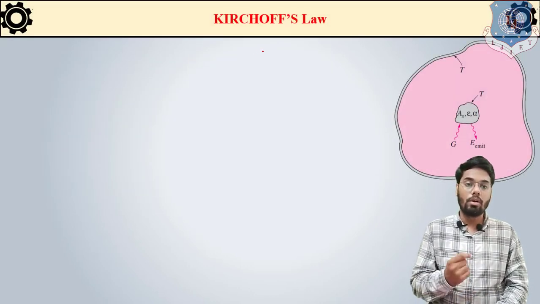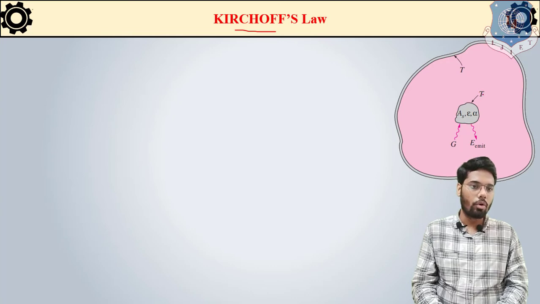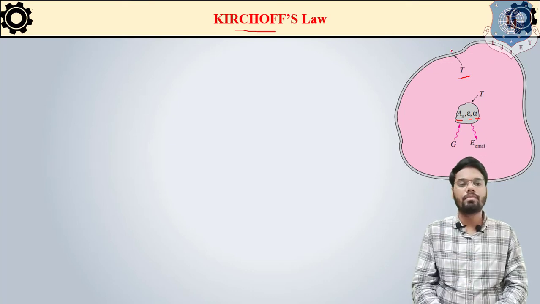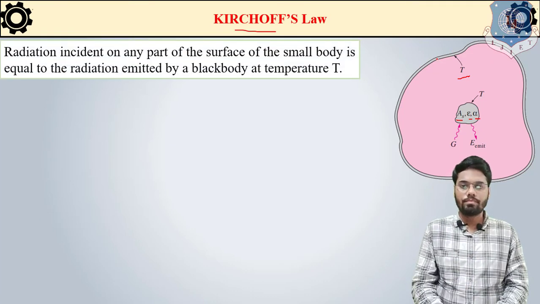Now one more important law is Kirchhoff's law. Here from the figure you can see that there is one small body whose surface area is As, whose emissivity is epsilon, whose absorptivity is alpha. It is enclosed by another body whose temperature is capital T, which is isolated from the surroundings.